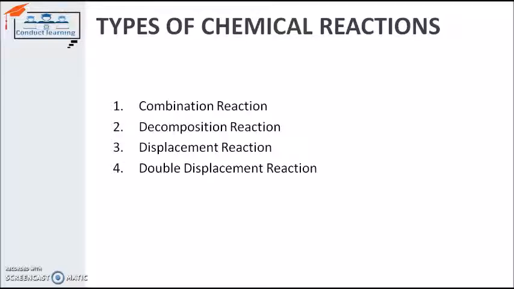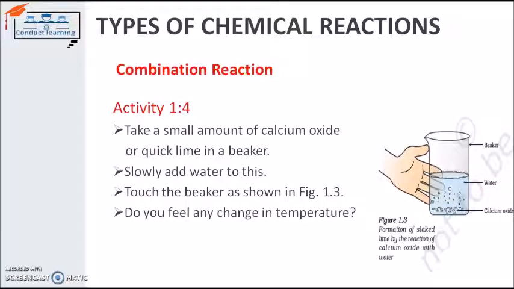So these are the four different types of chemical reactions, and we will study them in detail in the next slides. First, the combination reaction, and we will understand it from an activity. In this activity, we first took a small amount of calcium oxide in a beaker, and then slowly added water to it.